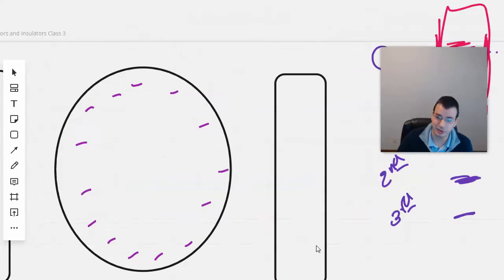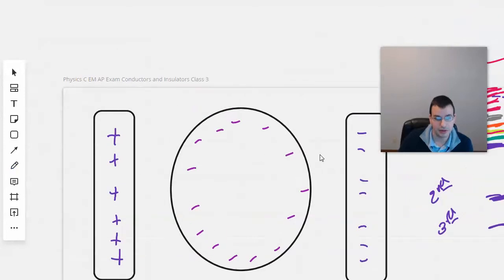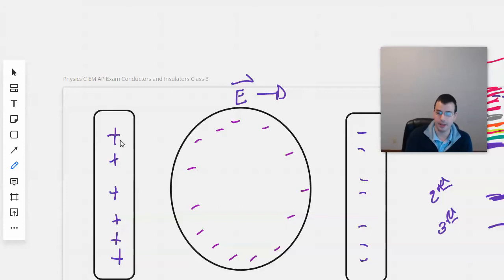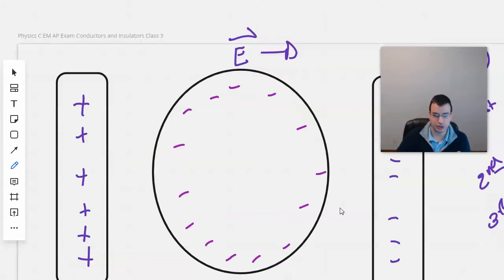And over the other side, we'll have negatives: negative, negative, negative, negative, negative, negative, and negative. So we have an electric field. The electric field goes this direction because positives are sources, negatives are sinks. They go this way. Now I said that the electric field within a conductor is always 0.